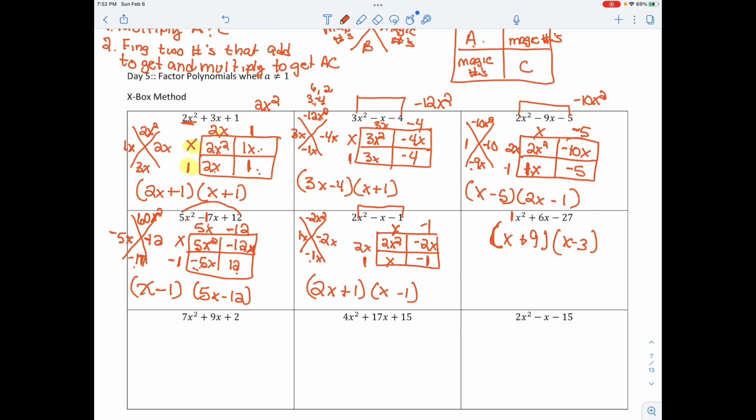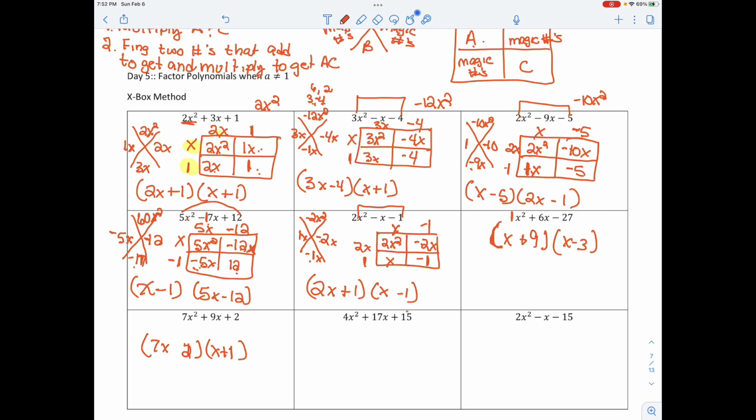Okay, and then for this one, I have to use the box again. So it's going to be 7x. I'm just going to do this one in my head. Oh, that one's easy. 1, no, 2, and 1. 7x, not x. Okay.